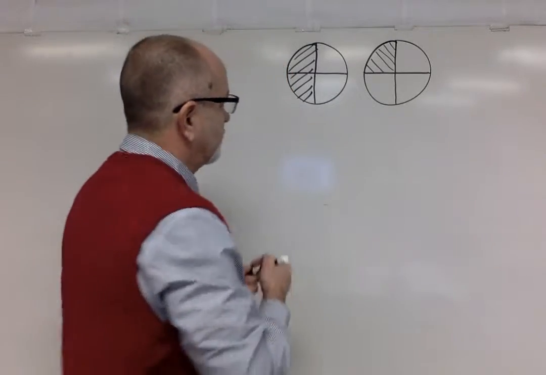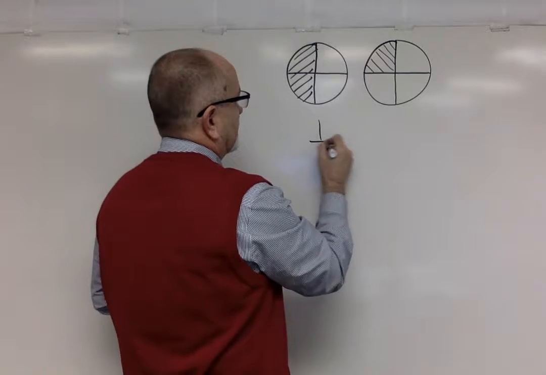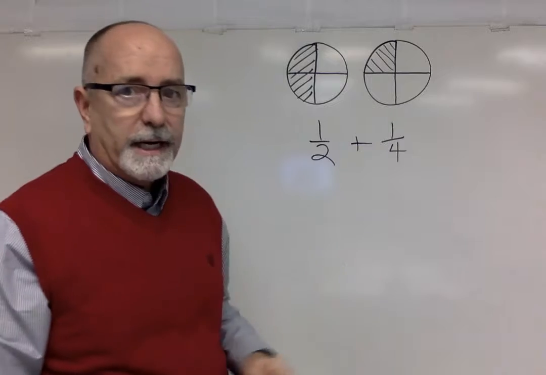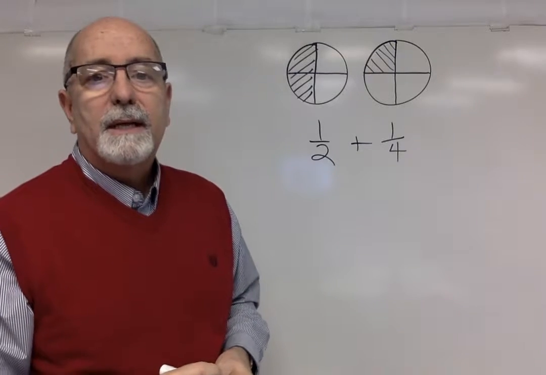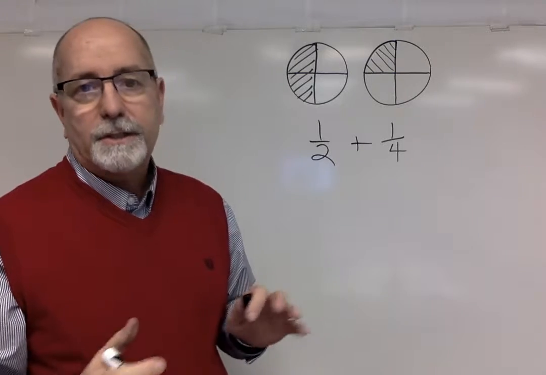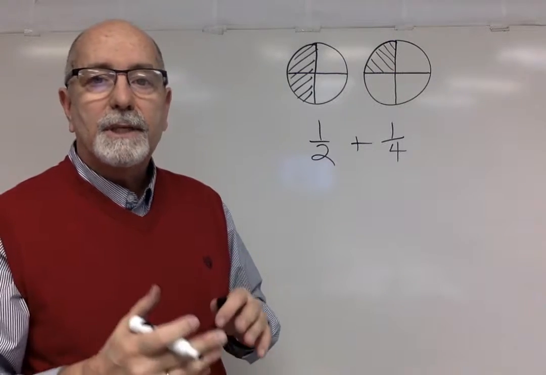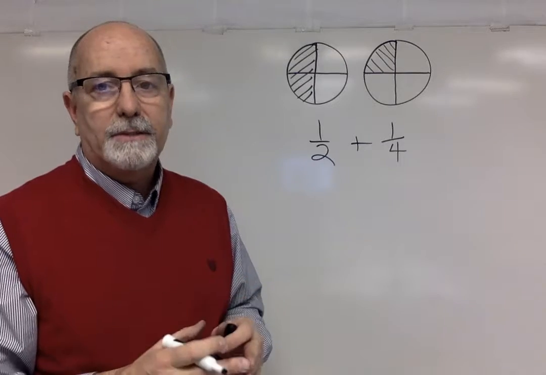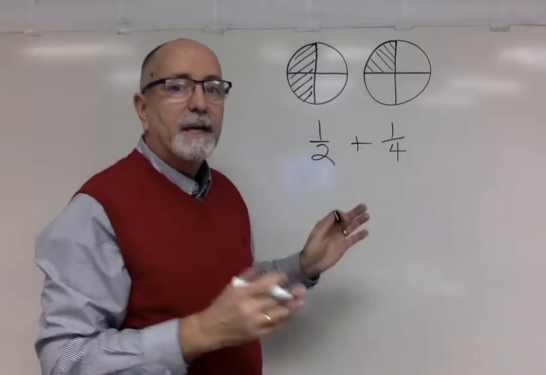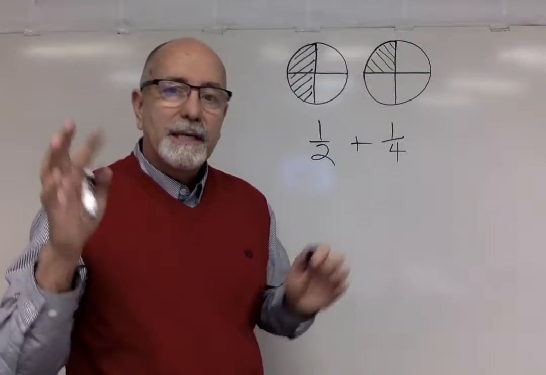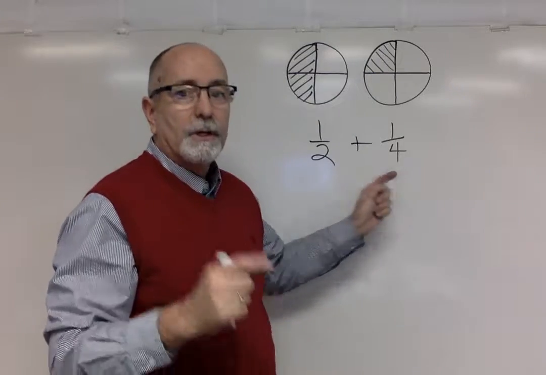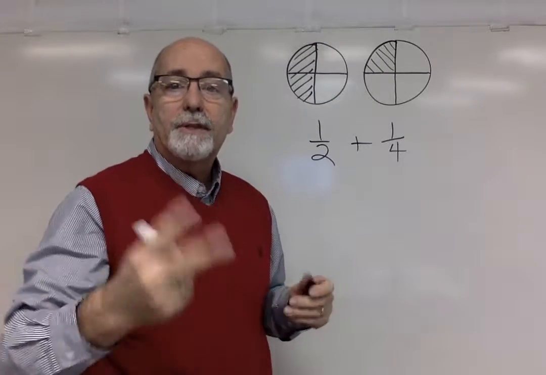So let's take it another way. If I have 1/2 plus 1/4, and I'm doing very simple fractions just so we can see it works. The other method that works for every addition or subtraction of fractions is to simply multiply the two denominators together. I don't have to look for a common factor in either one. I just multiply them together, because they're two factors, so they're both in the same number.